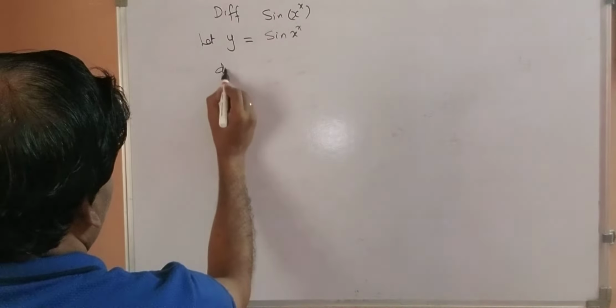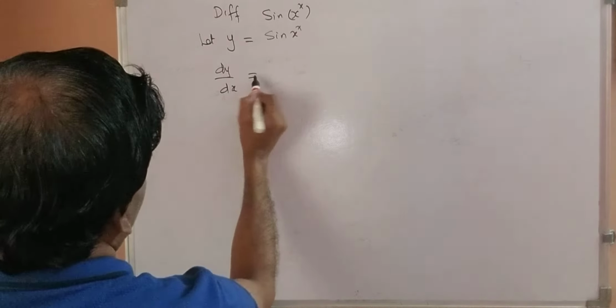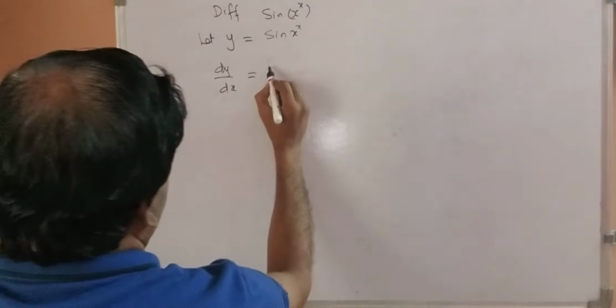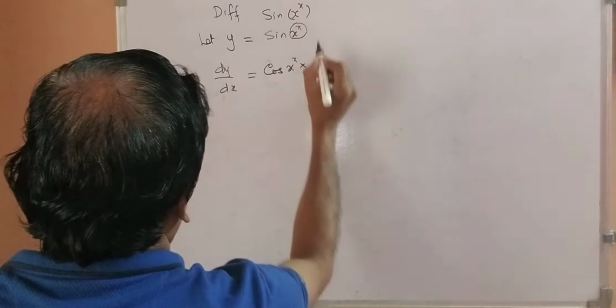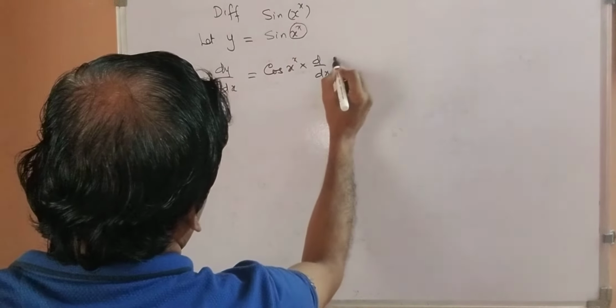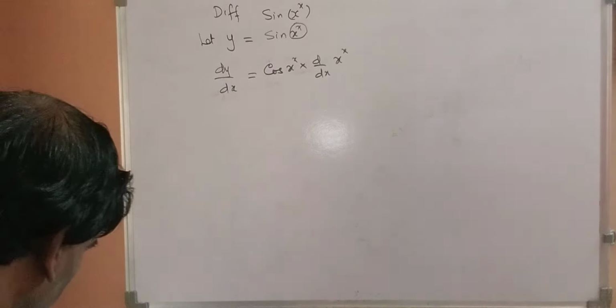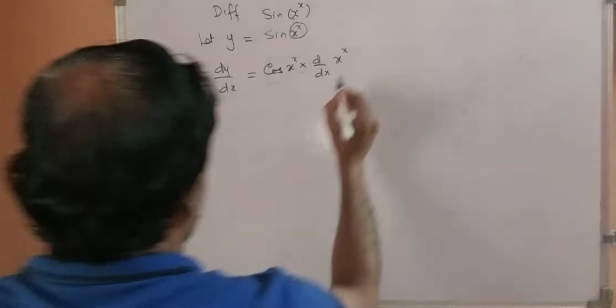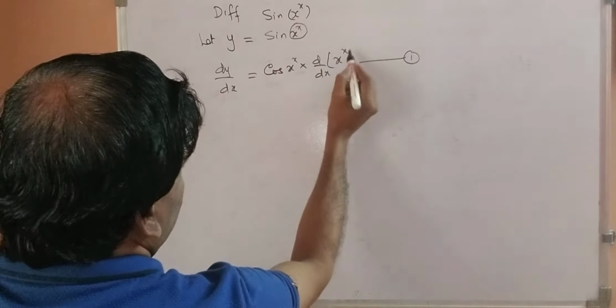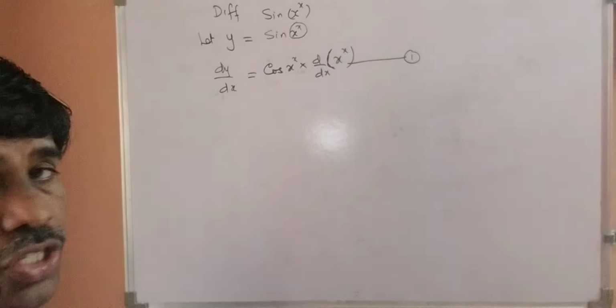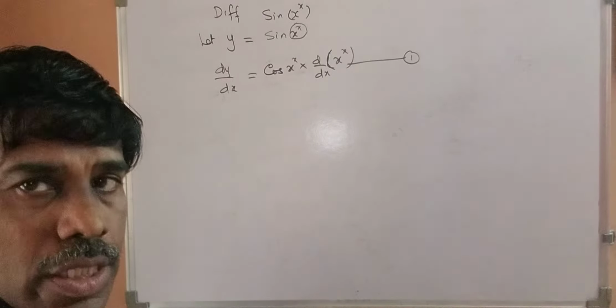What you have to do? dy by dx equals, what is the derivative of sin x? cos x. So, cos of x raised to x into the derivative of x to the power x. We will keep this as equation number 1. Now we have to find the derivative of x raised to x and substitute here. That is sufficient.